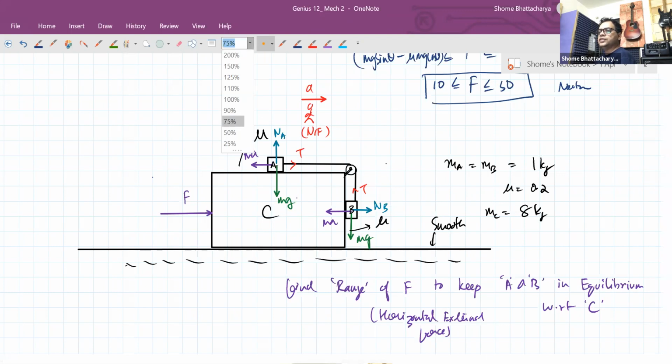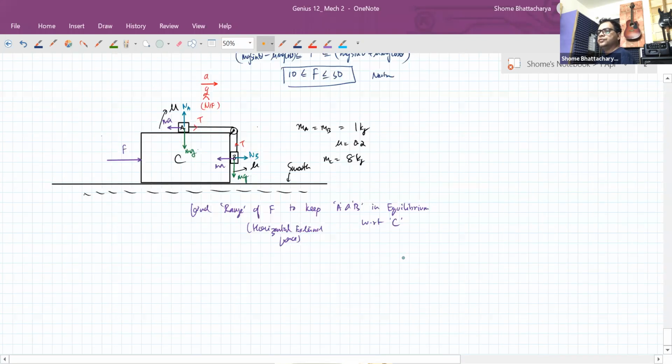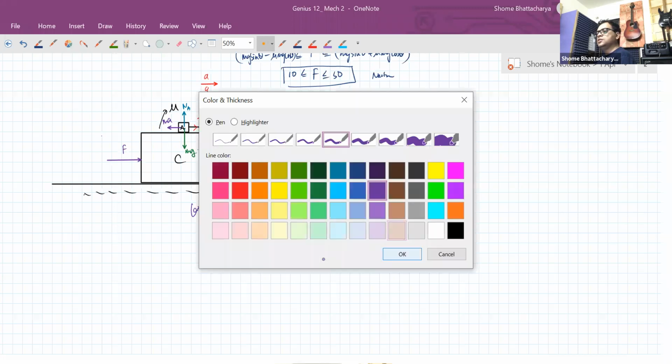Okay, now we come to the condition of friction. So if a is minimum, the tendency to slip is such that mg dominates. But which mg?